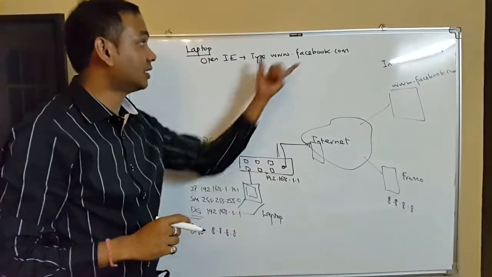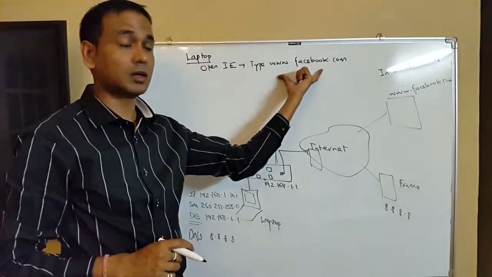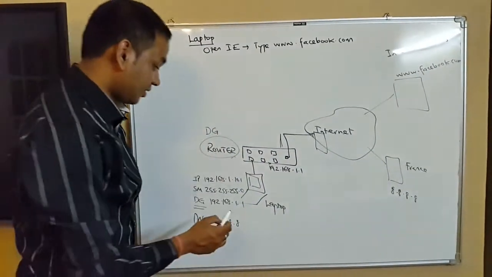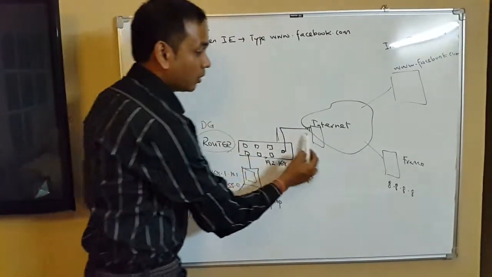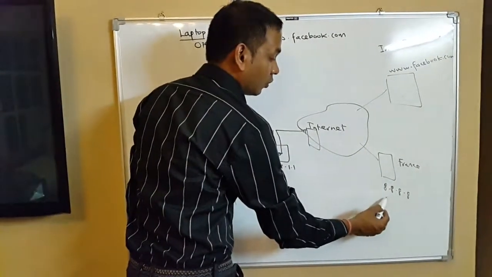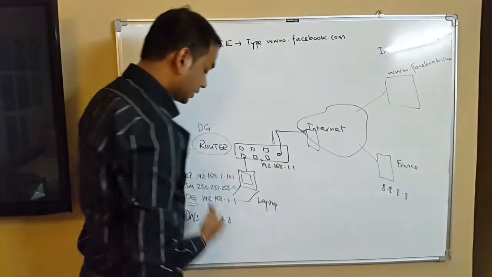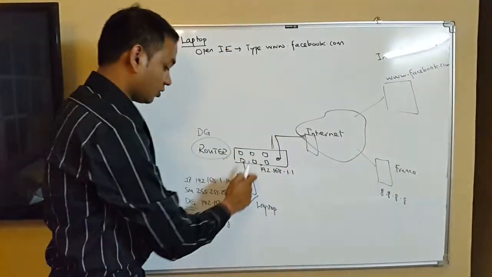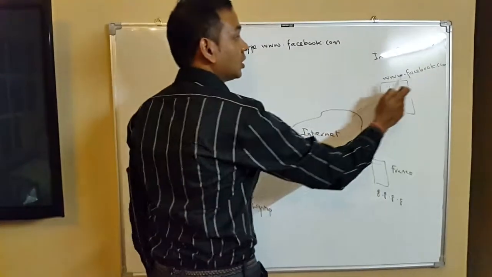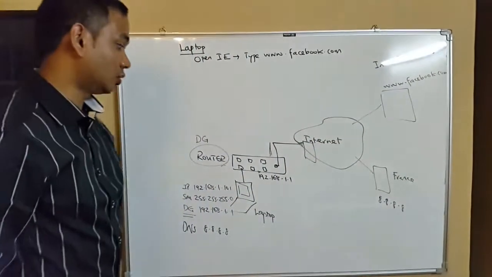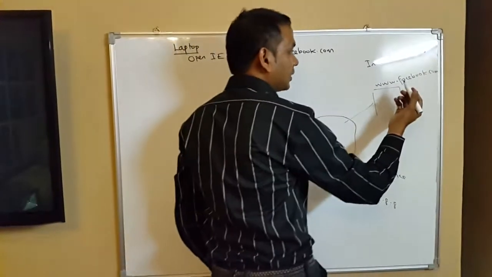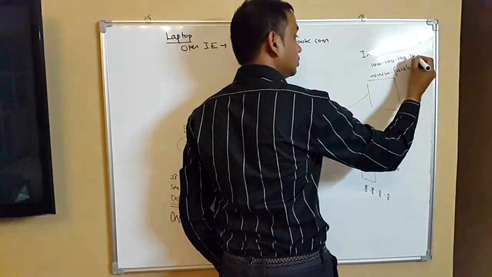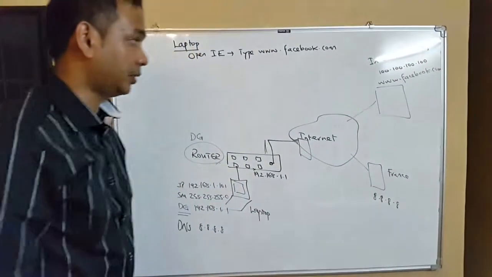My PC can't reach facebook.com unless it knows its public IP address. That PC will go and query the DNS server and look for the Facebook public IP address. As soon as it gets the public IP address of Facebook, it will route to Facebook. For example, the public IP address of Facebook is 100.100.100.100. Look what will happen.